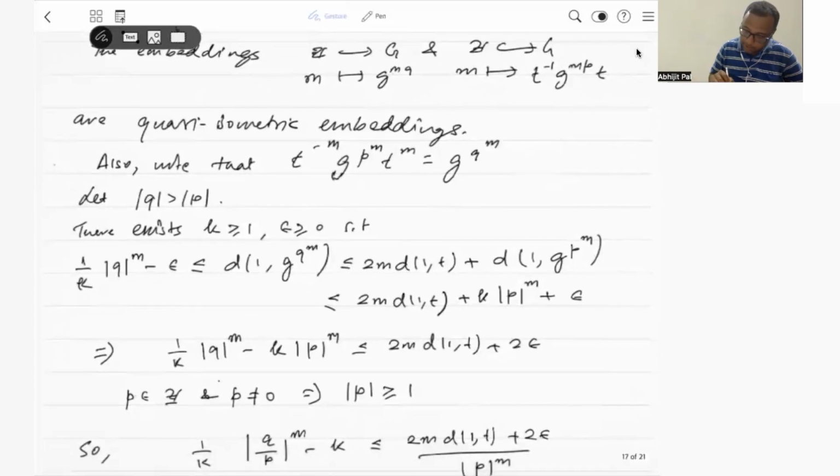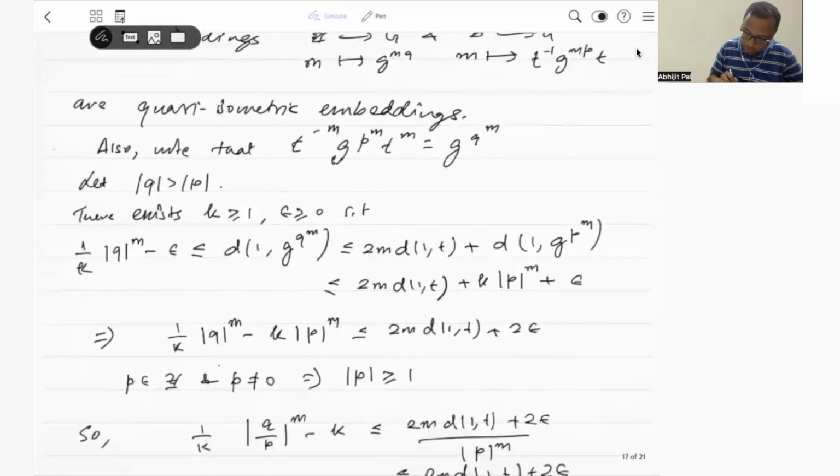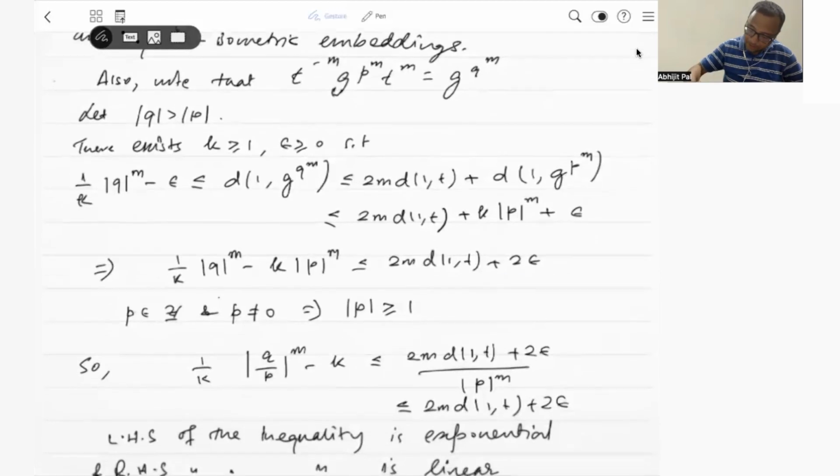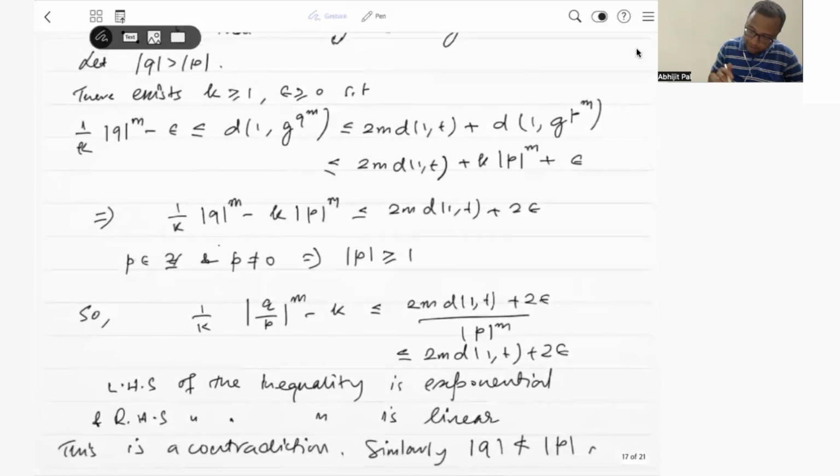So therefore, what we have now is (1/k)|q|^m minus k|p|^m is less than or equal to 2m times the distance from 1 to t, plus 2 epsilon. And also note that p belongs to Z and p is not equal to 0.